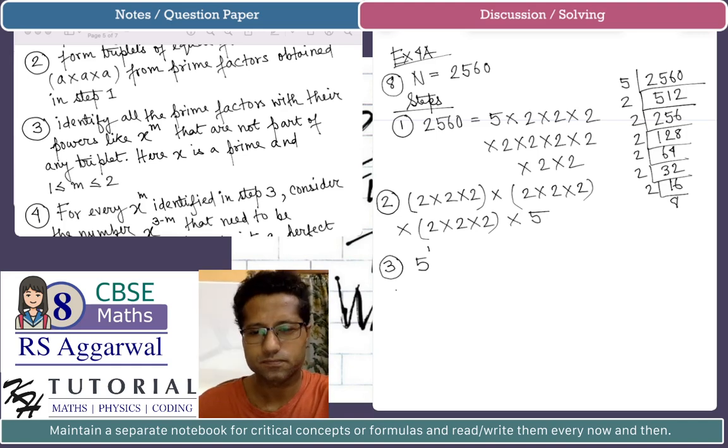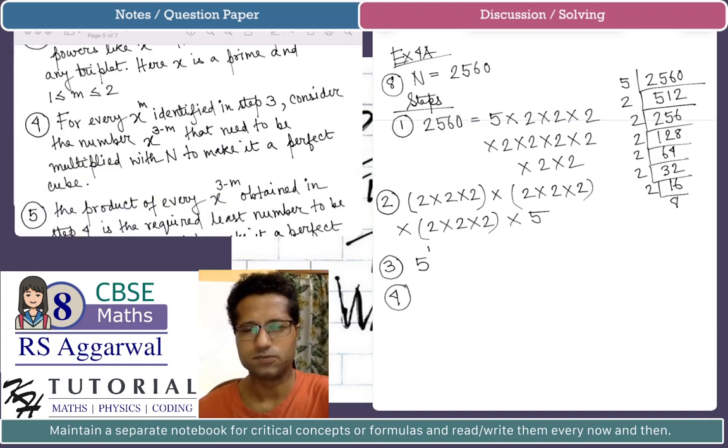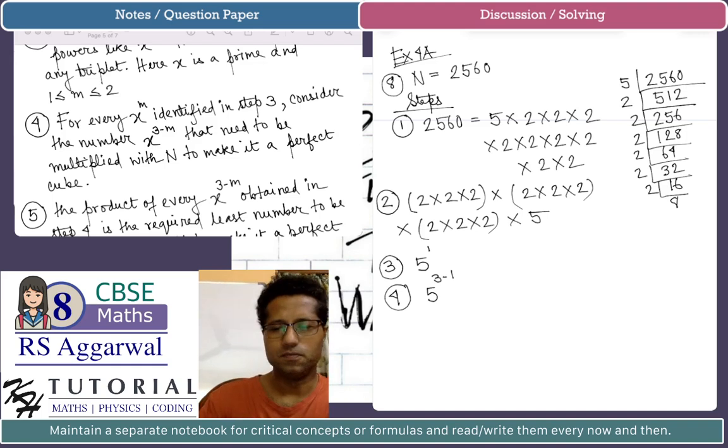Step 4: for every x to the power m that we have found in step 3, we have to find the numbers x to the power 3 minus m. There could be many more such numbers.